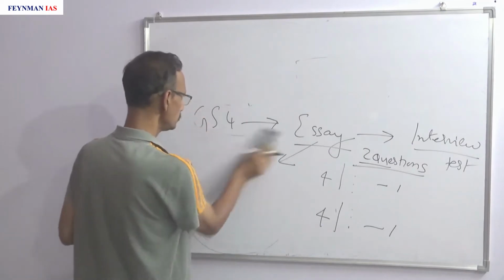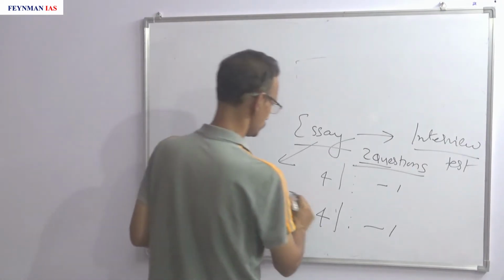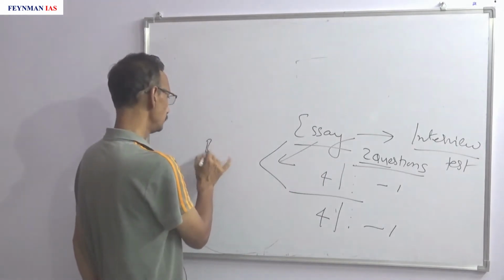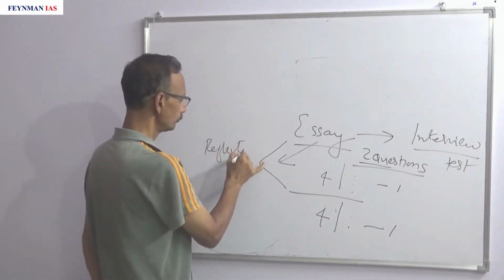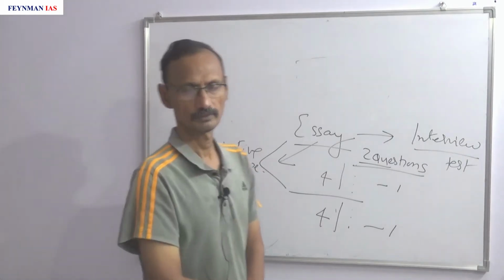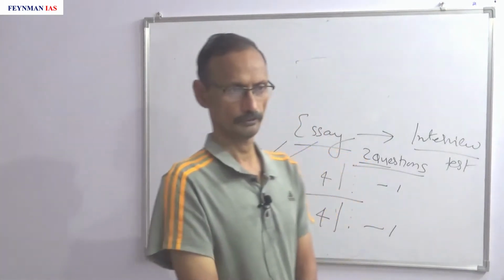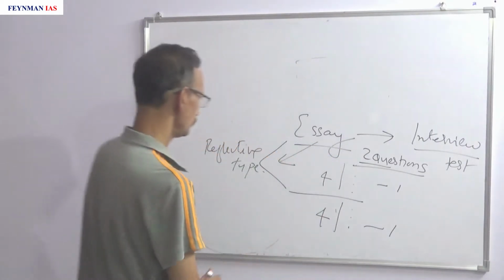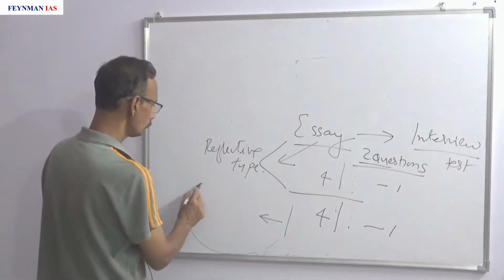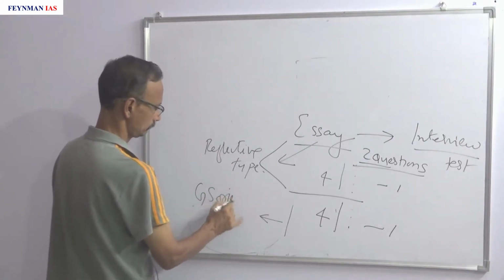There is a difference between section A and section B. In section A, it is likely to be reflective type of essays. Philosophical, life-oriented, reflective. Whereas in section B, somewhat GS-oriented.